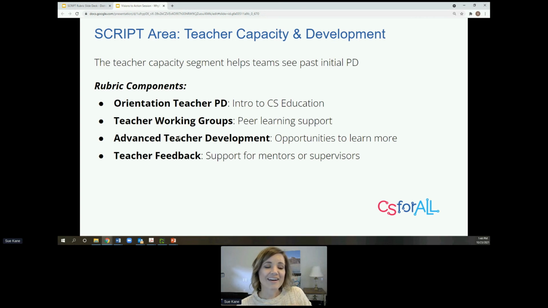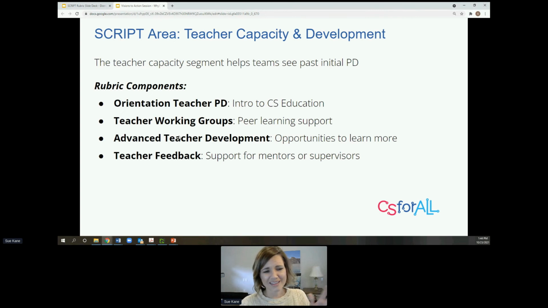But then, are there work groups? Are there professional learning groups? Do my district level teams or vertical teams ever have an opportunity to really talk to each other about the CS education implementation? That is another line on that rubric. Do I have advanced teacher development?